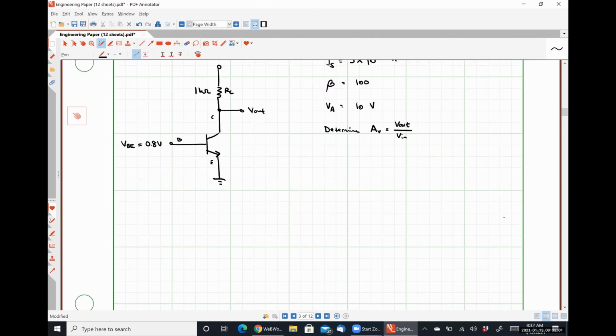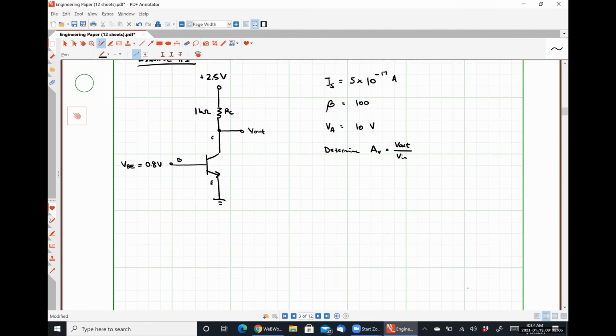All right, with that in mind, this is a circuit that we've looked at before, maybe with slightly different values. Figuring out the operating point should be pretty straightforward. We maybe don't even need to use the actual large signal model.